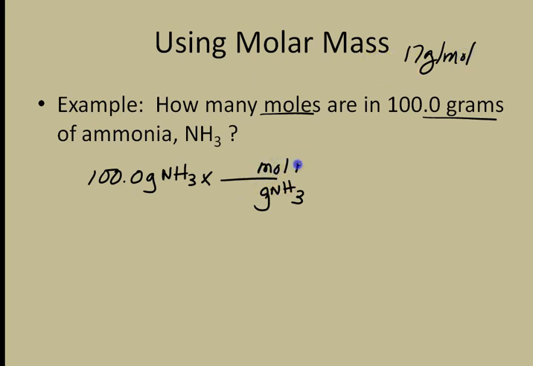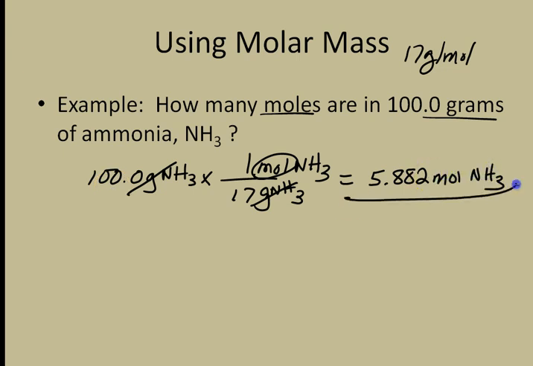And I'm going to get moles of ammonia. And again, I know 1 mole is 17 grams. Now I just divide. So this cancels, and I'm left with moles on top. So you divide that out, and it would be about 5.882 moles of ammonia, which with sig figs is 5.88. Circle, and you are done.